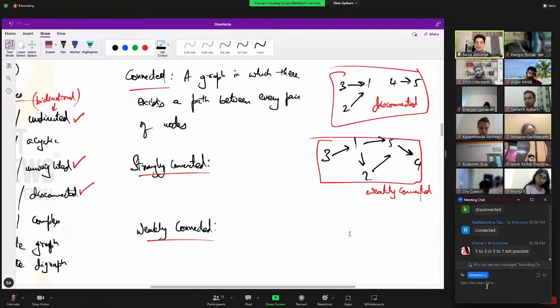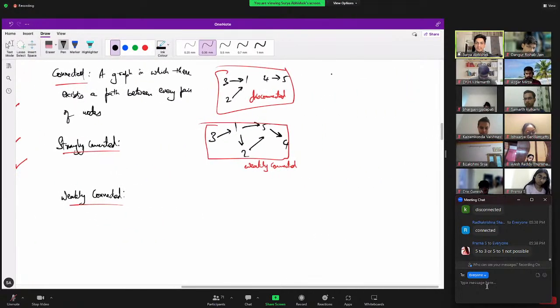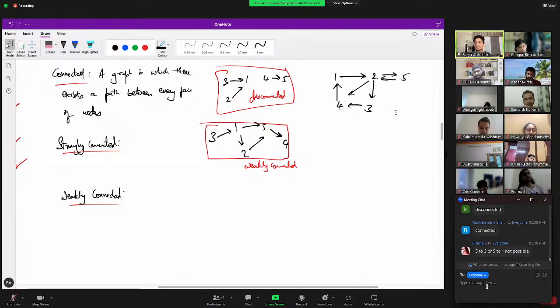And if I have to show you a strongly connected graph, then it will look something like this. Something like this. From every node, you can reach every other node.